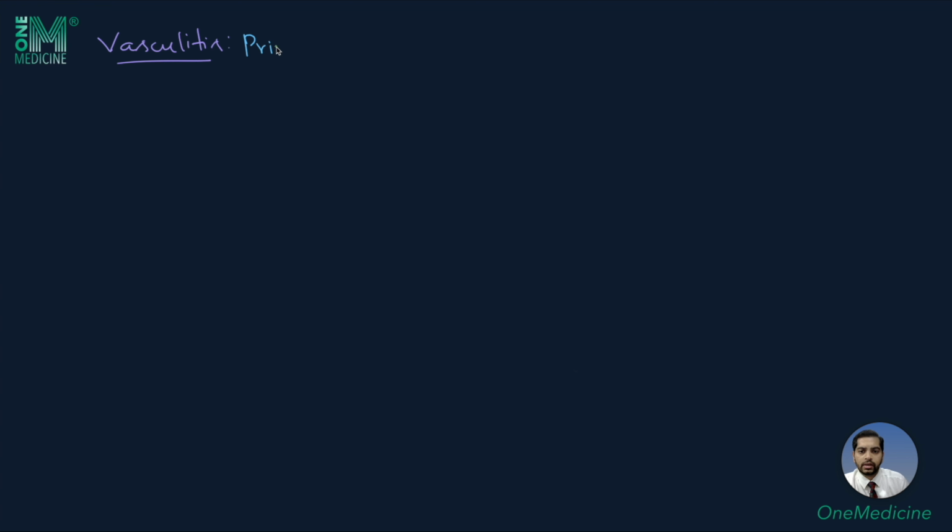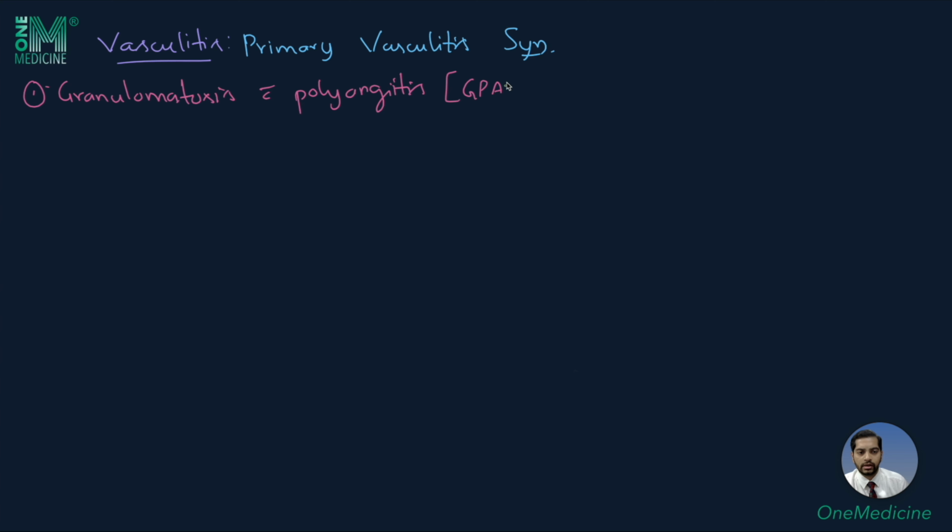Let's look at some of the primary vasculitis syndromes. The first one among them is granulomatosis with polyangiitis, GPA in short. This is also known as Wegener's granulomatosis.